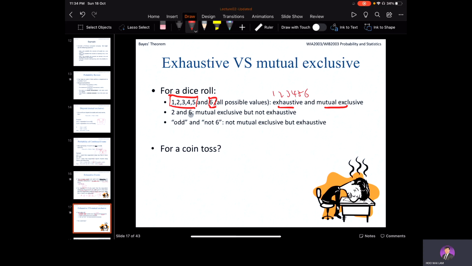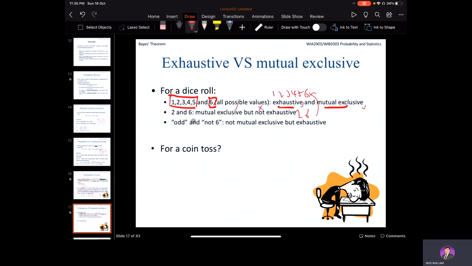When this outcome is 2 and this outcome is 6, based on the events that you have, 2 and 6. So mutually exclusive, but not exhaustive. Why? Because this one only has 2 and 6, but we know that the total potential outcome is 1, 2, 3, 4, 5, 6. So mutually exclusive is correct, but this one is not exhaustive.